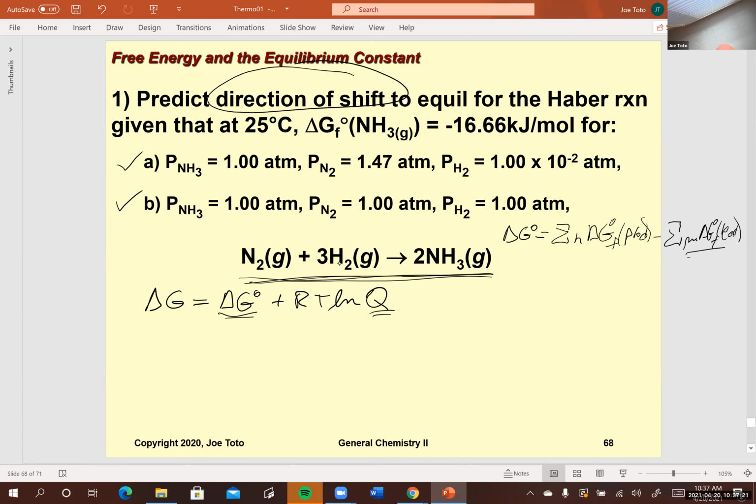Okay, so that's reactants. But in this case, notice that the reactants, you should know what their delta G of formation are. What is the delta G of formation of the reactants? Anybody know what it is in this case?